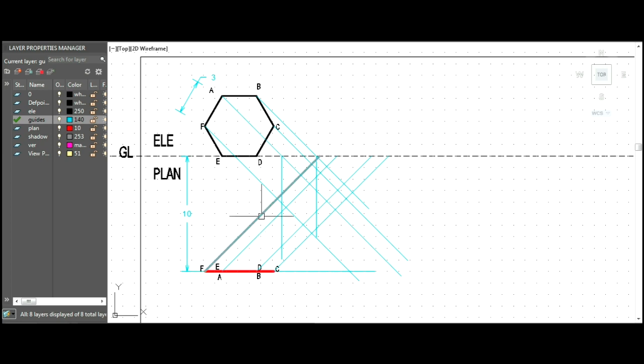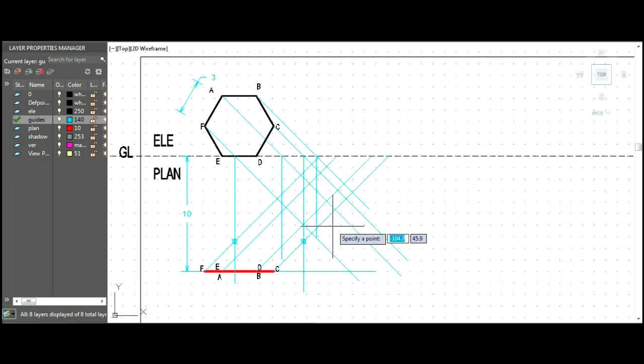So we see that the light rays that are going from plan cut the ground plane later, whereas those coming from elevation intersect earlier. So let's draw the verticals down from here. Okay, so now we have the points. I'll just mark them for your reference. So point F coming down here meets this. Point C coming down here marks this.